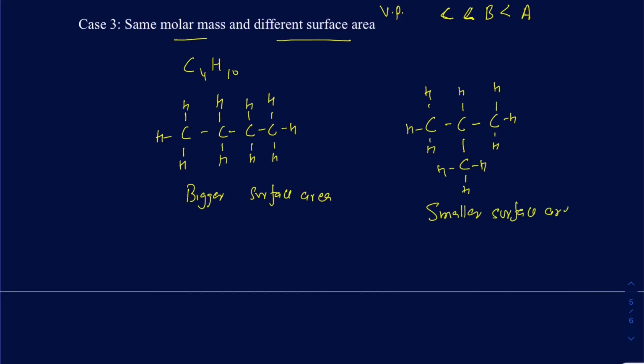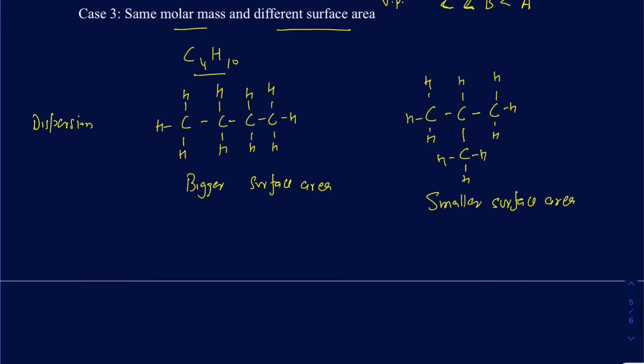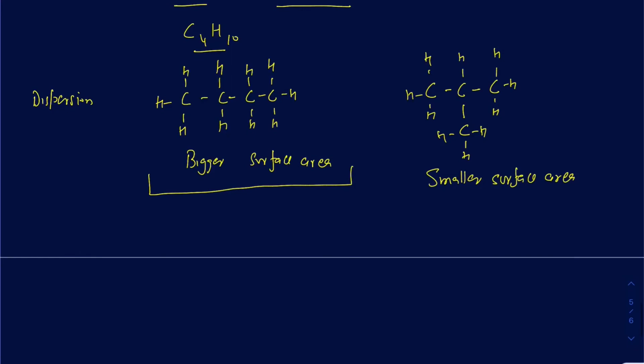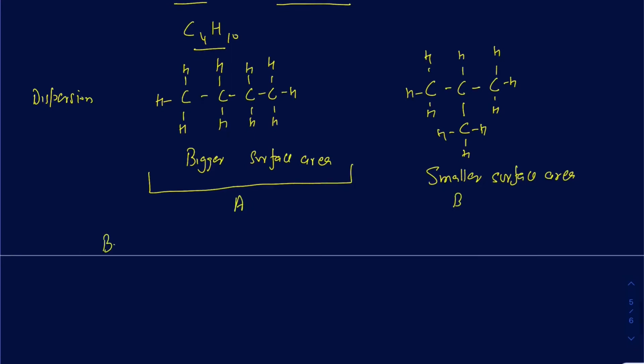So anytime you're looking at molecules that have the same molar mass and they're making the same type of interactions, because both of them will be making dispersion forces, since all you really get is a carbon-carbon or carbon-hydrogen bond, in those cases you look at the surface area, and whoever has a bigger surface area wins in terms of the boiling point. So the first one, let's call this A and call this B. When you arrange those in terms of boiling point, A is going to have a higher boiling point than B just because it has a bigger surface area.